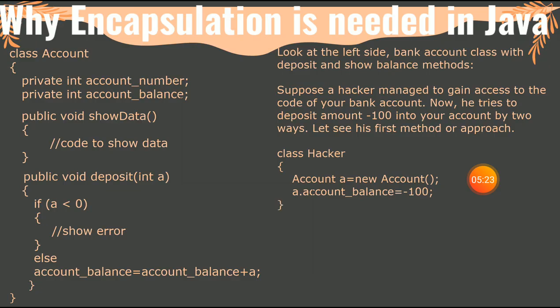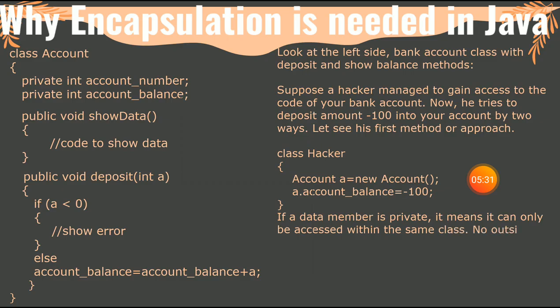Is it possible? No, because the data member is private. It means it can only be accessed within the same class. No outside class can access a private data member or variable of another class. So the hacker will not be able to access this class Account's data because the data members are private over here.